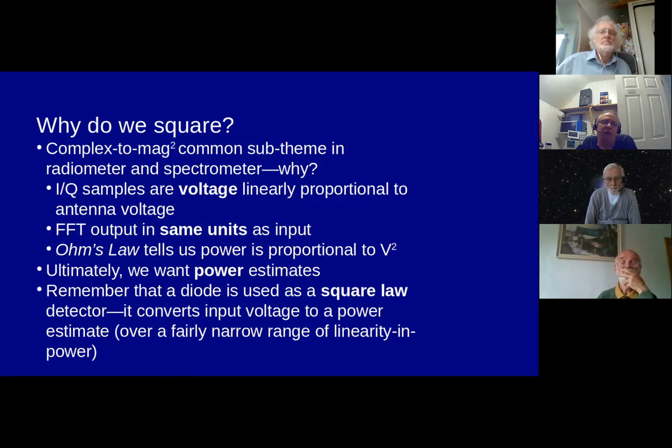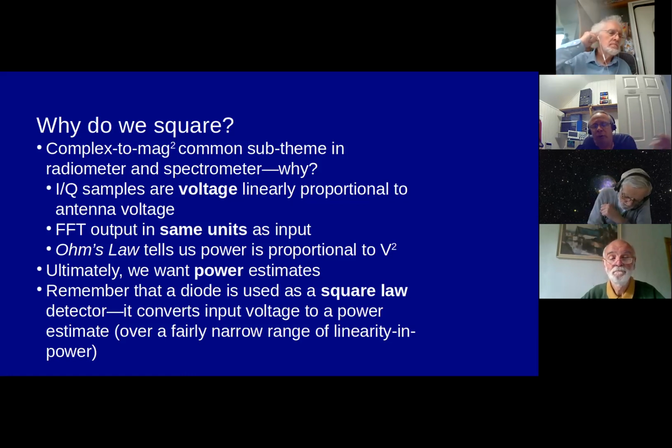Ultimately, for radiometry and spectrometry, we typically want power estimates. So we square the outputs, in either the radiometry case or the spectrum case. Those of you who have built radio telescopes in the past with hardware will have used a diode, and you tune the input range to the diode so that it's operating in its square law region, which means it converts an input voltage to a power estimate. It produces an output voltage that's proportional to the square of the input.